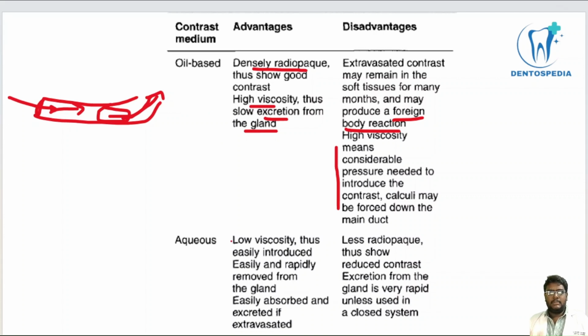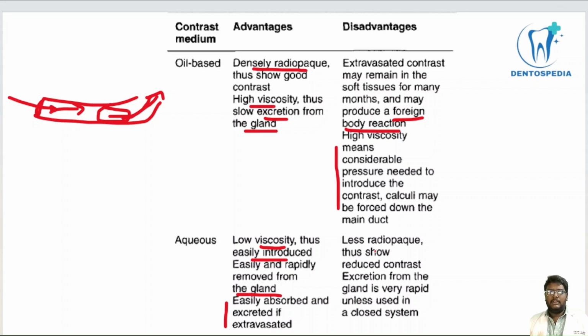Coming to aqueous based, the advantages are low viscosity when compared to oil based. It can be easily introduced and easily removed from the gland, and it gets easily absorbed if excreted or extravasated. Mainly, the important points are aqueous based solutions have low viscosity, can be easily introduced, and can be easily evacuated.